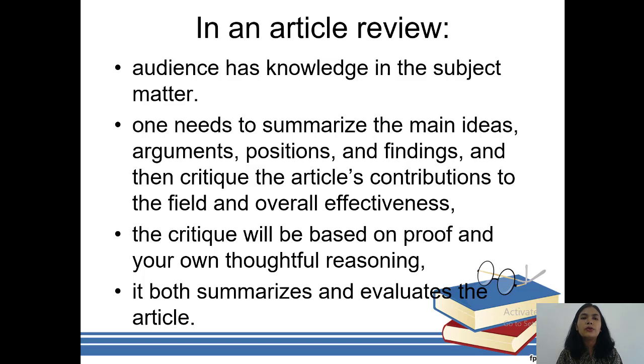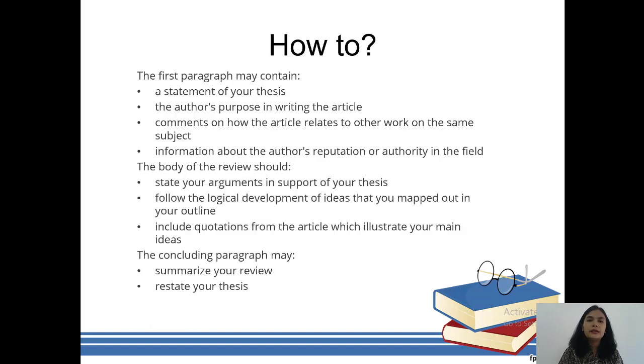In an article review, the audience has knowledge of the subject matter, because it's unlikely for readers to give an article review if they don't know the subject matter of the article. Then you need to summarize it, and then you give critiques based on proof and your own thoughtful reasoning, so it both summarizes and evaluates the article. Last week we were also talking about how to put the content of the critical review.